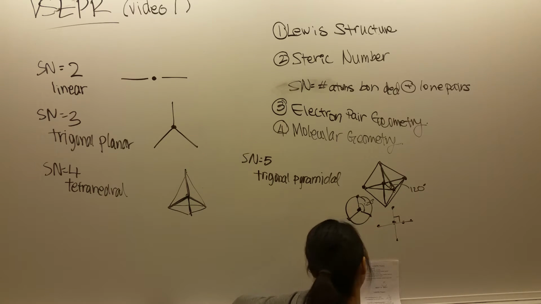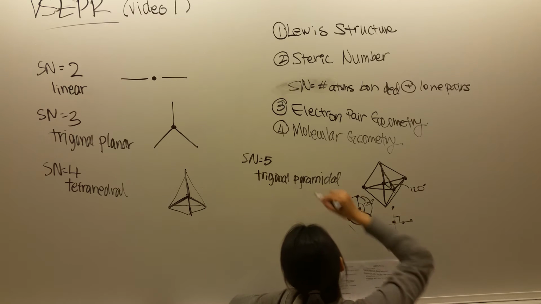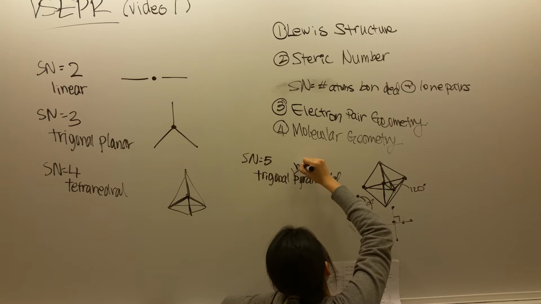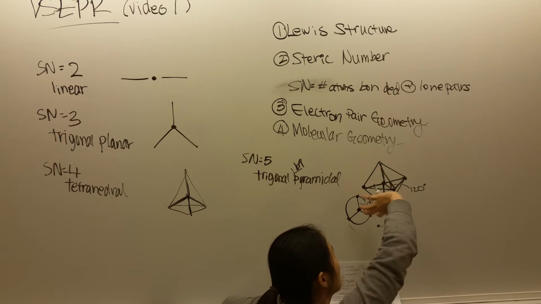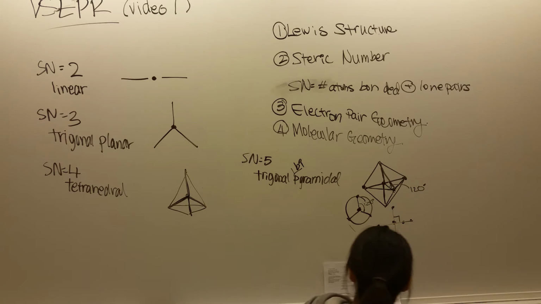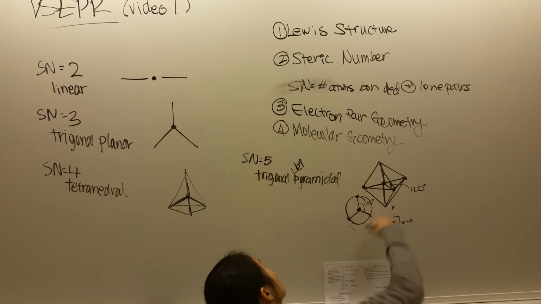So that's trigonal bipyramidal. Which makes sense because you have two pyramids combined with each other. So that's how that looks.